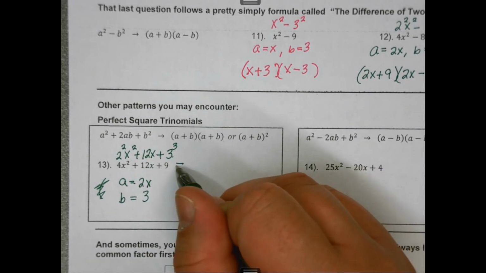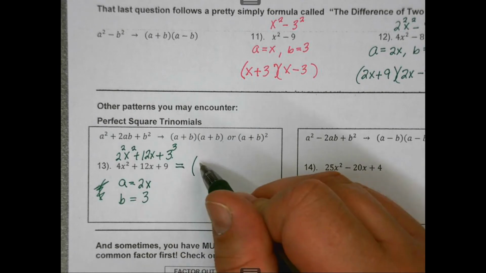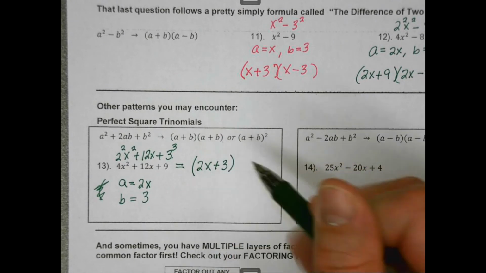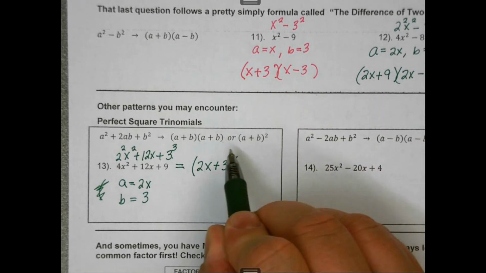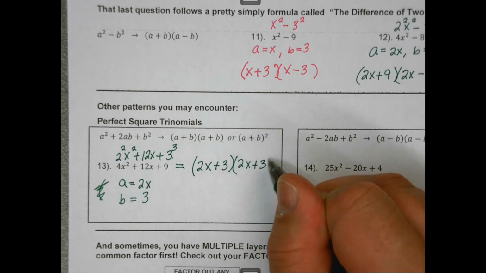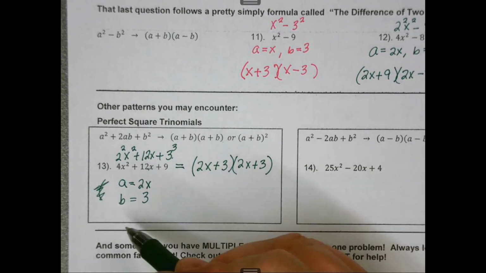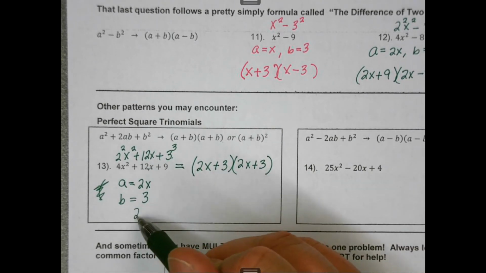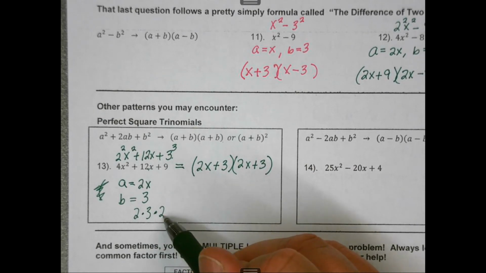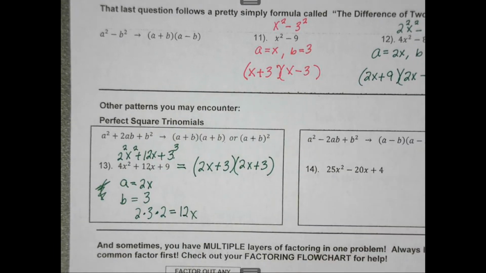So this equals A plus B, so 2x plus 3, and another 2x plus 3. Okay, this 12 happens to be, don't forget, 2 times 3 times 2, that's where I get my 12. And of course, I have the x from the 2x.